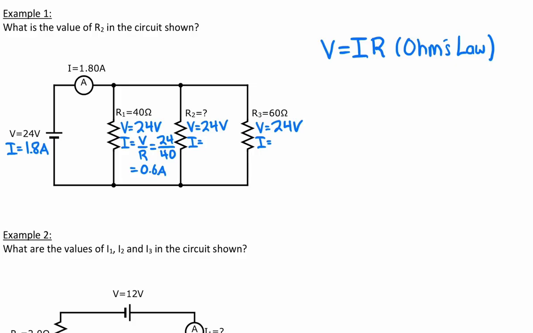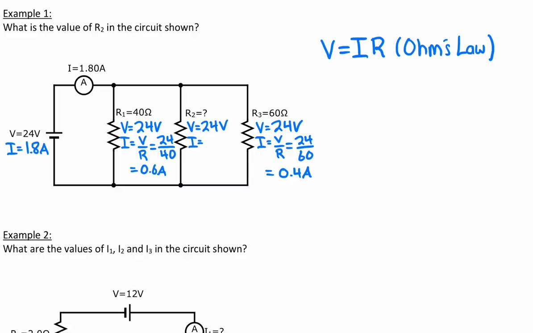And over here, I is going to be, again, V divided by R. So 24 divided by 60, which gives me 0.4 amps.